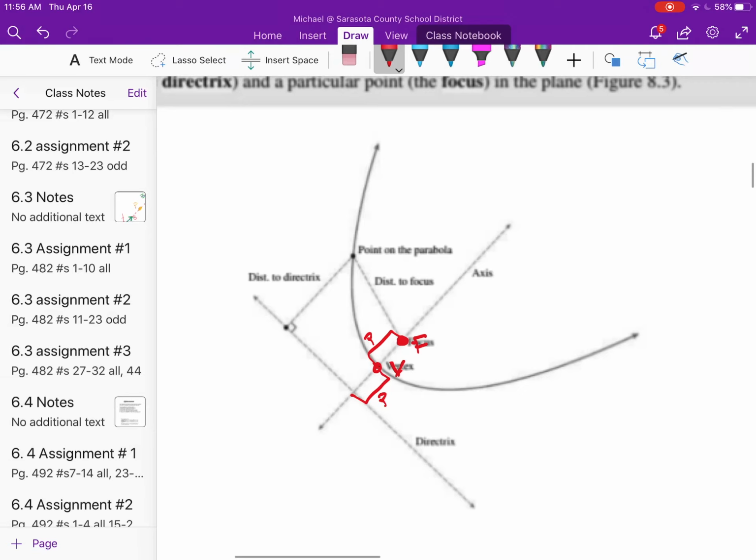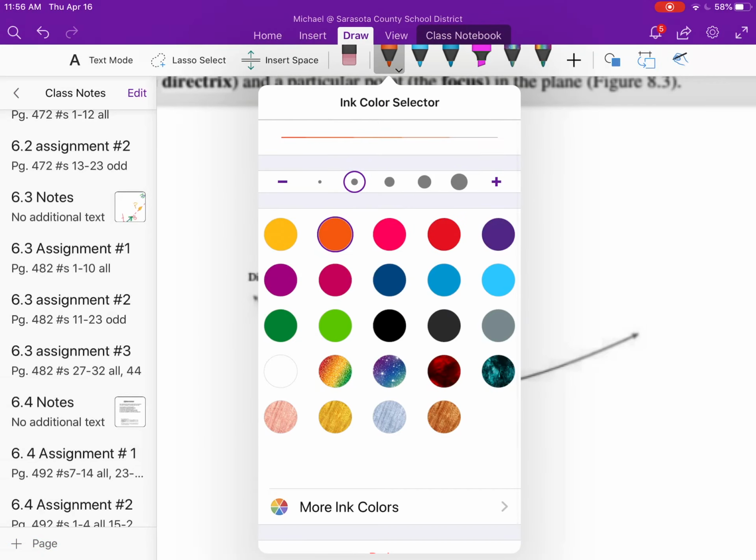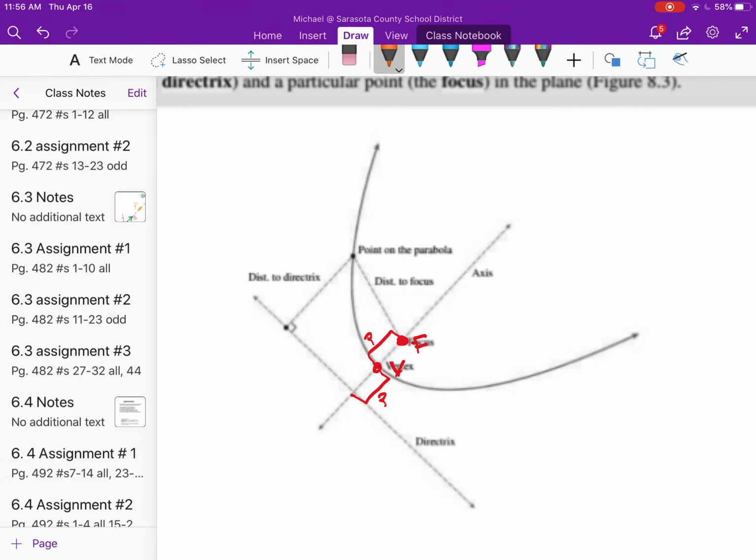If you were to make a line that is perpendicular to the axis of symmetry, what would be true is that these two points that I'm highlighting right here are equidistant from F. Specifically, each has a distance of 2p.